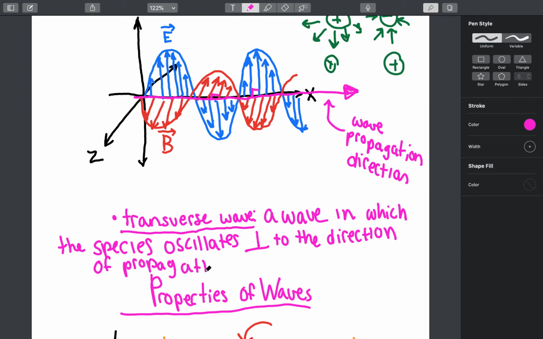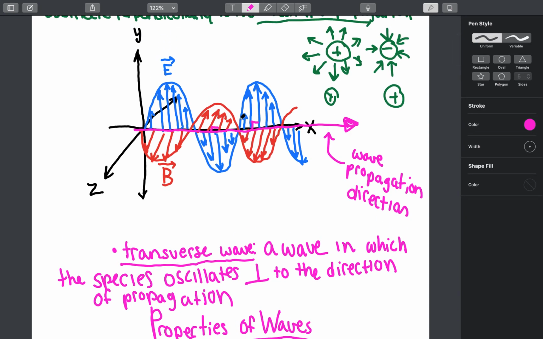So we already sort of described this in our figure here. So we see here that both the electric field vectors and the magnetic field vectors are perpendicular to the wave propagation direction. So that's why electromagnetic waves are called transverse waves.